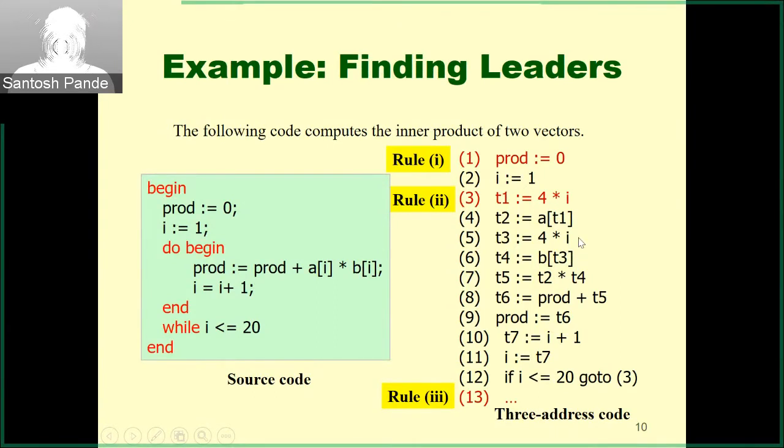The second one is redundant because I has not changed, and we are re-evaluating exactly the same expression. So that kind of redundancy can be captured and eliminated by just reusing the value in T1.